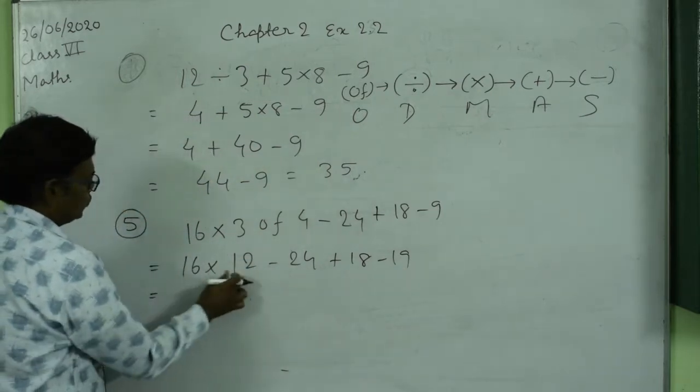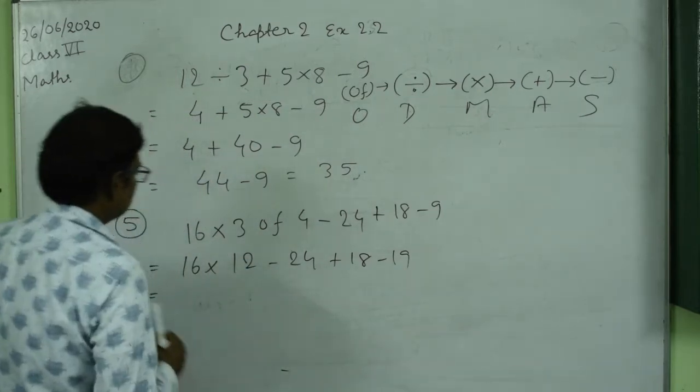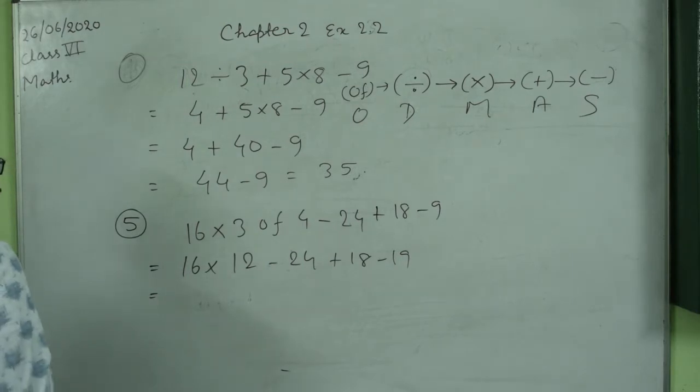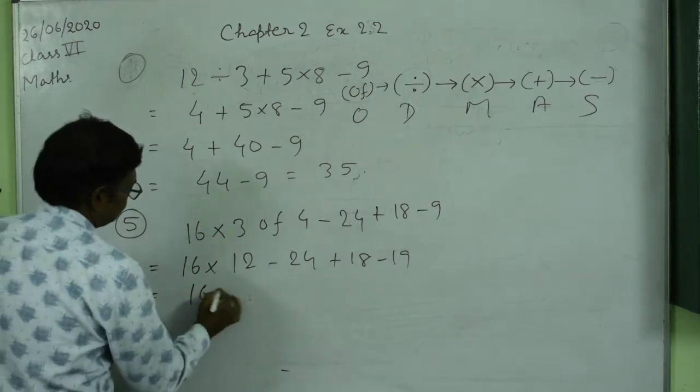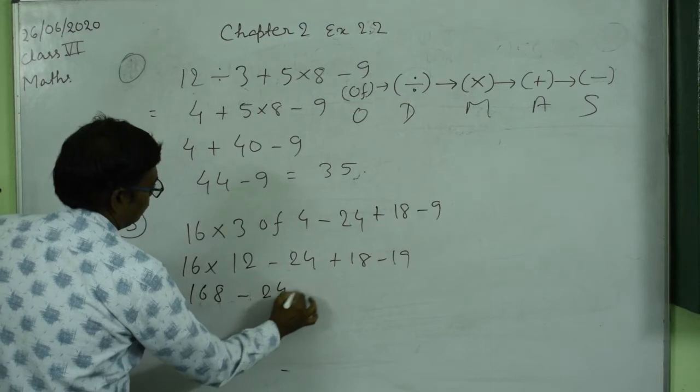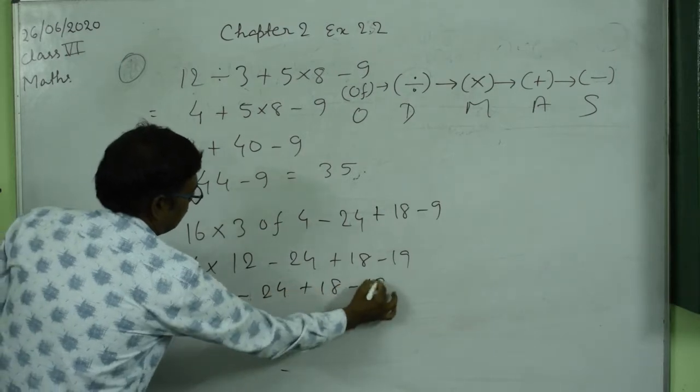Now multiply these two. The product of 16 and 12 is 192, minus 24 plus 18 minus 9.